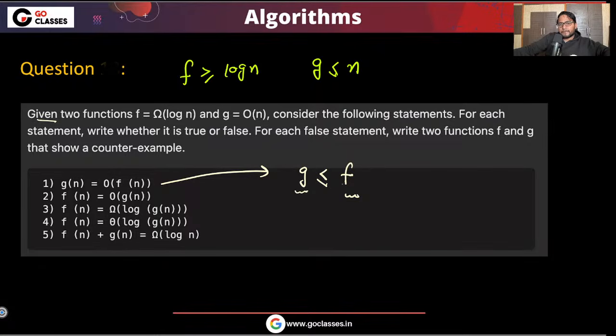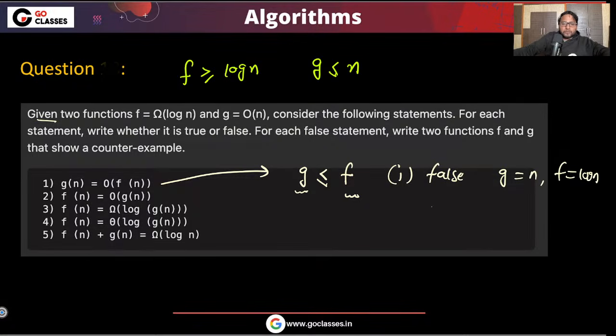Can you say something like this? No, right? So that's why this is false. And what is the counterexample? You can definitely have g as n and f as log n itself.